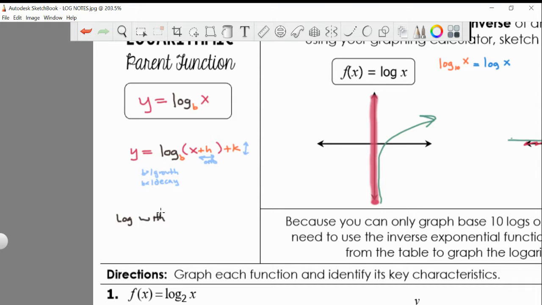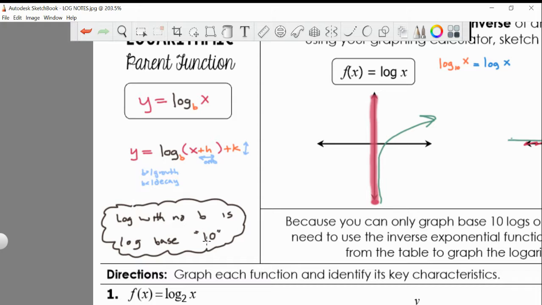Log with no b is log base 10. And that's how we talk about them: we say log base 10 if we're talking about that small number. So b for base, if you will.